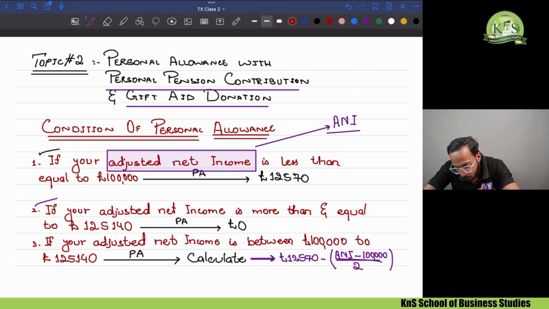Here we go, guys. If your adjusted net income is between 1 lakh and 1,25,140, then you need to calculate the PA. The formula is 12,570 less bracket open ANI minus 1 lakh divided by 2 bracket close.